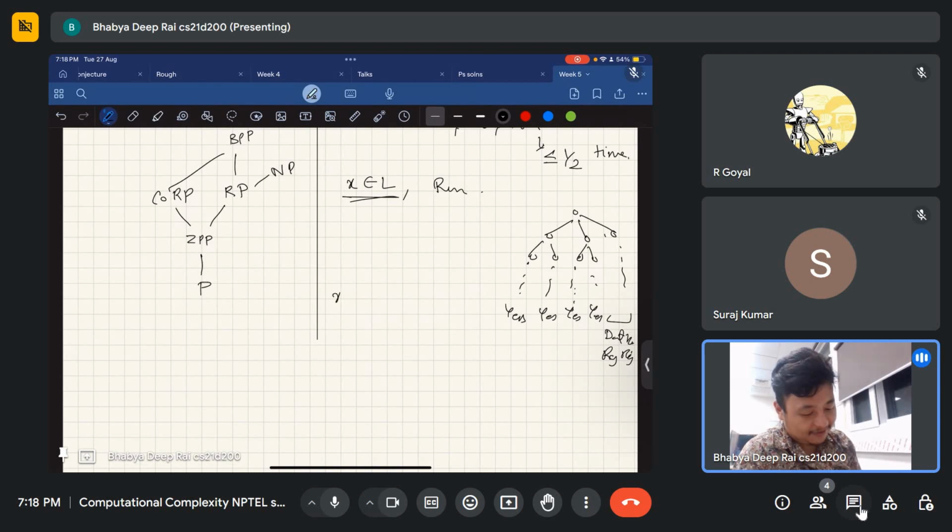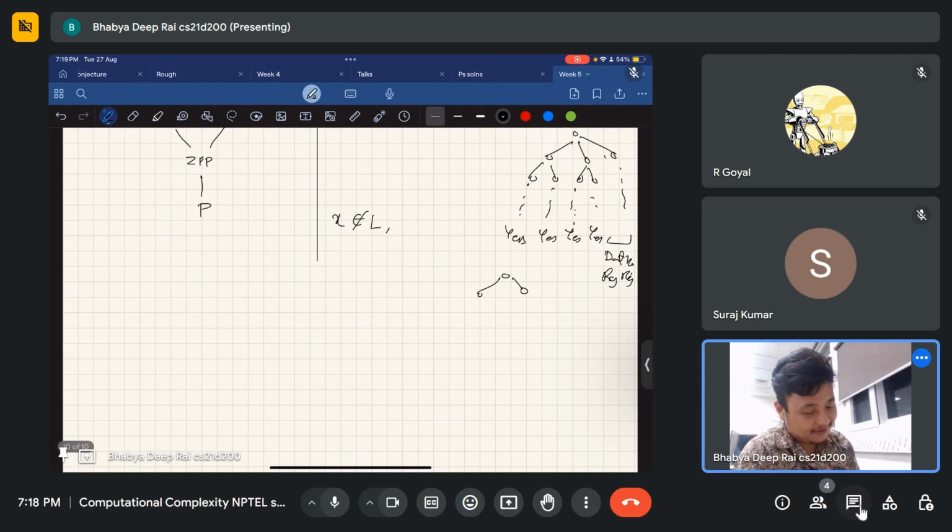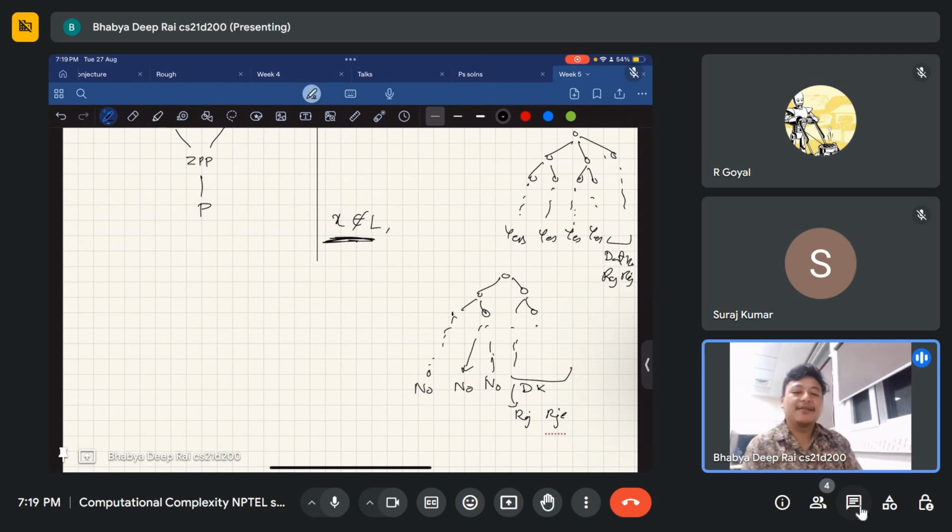Now let's say X does not belong to the language. Let's try it. And this is your machine, and it is running. If it says yes or no on a certain path and X does not belong to the language, it will definitely say no. That is, it is zero error, so it will never say yes, and it will say don't know half of the time, but we are setting all don't know to reject. So yes, it qualifies as an NP algorithm.